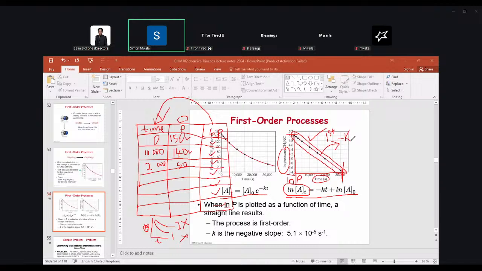Remember what we said: the gradient of this line is equal to the negative of k. For this particular one, the negative of k was found to be 1.5 times 10 to the power minus 5, or the slope of that line was found to be 5.1 times 10 to the power minus 5. Any questions so far?